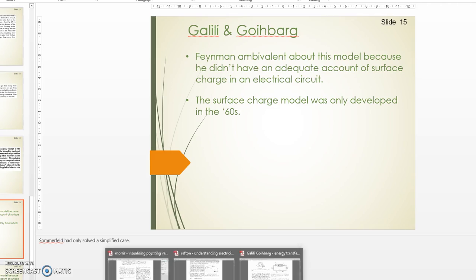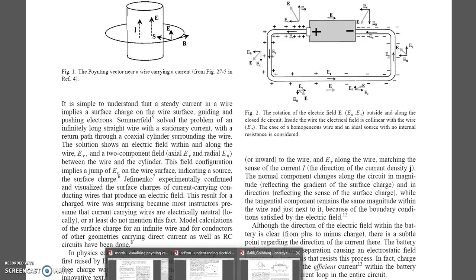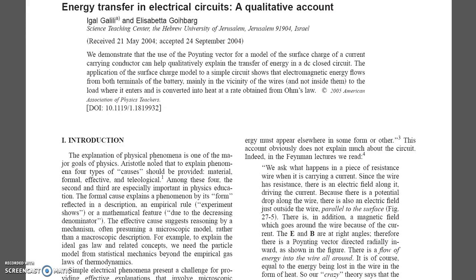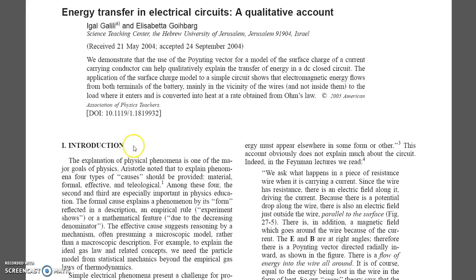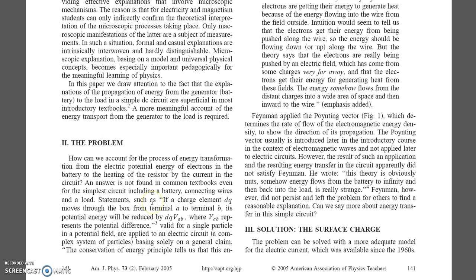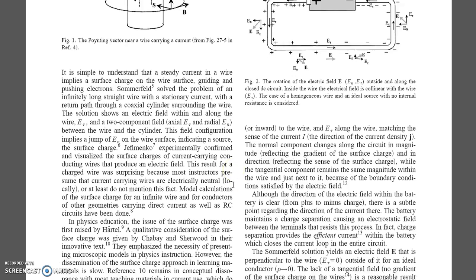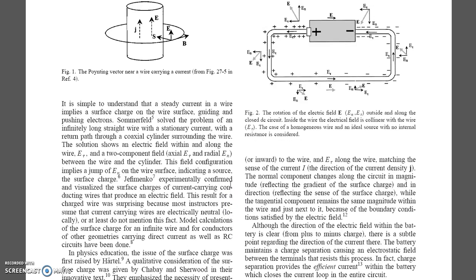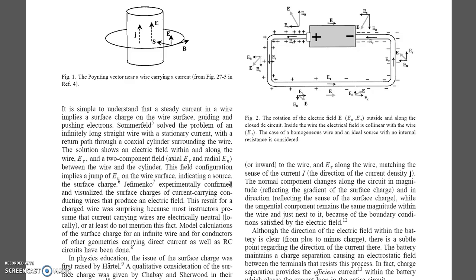So I've found a paper on it published in the American Journal of Physics. And so what I'm going to try and do is work my way through this explanation.